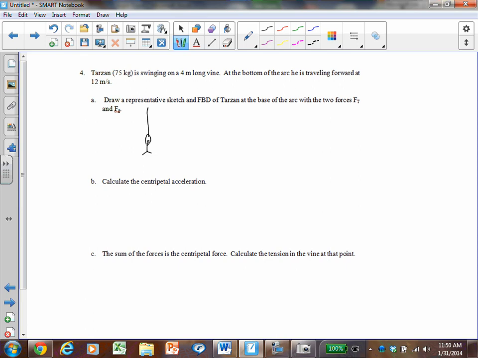If you took this whole line, you could go around in a circle, and we're just going to have our radius 4 meters. Now, at the base of the swinging, your velocity is that way, but your force isn't that way.